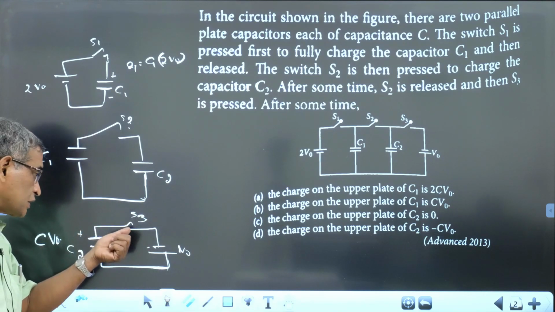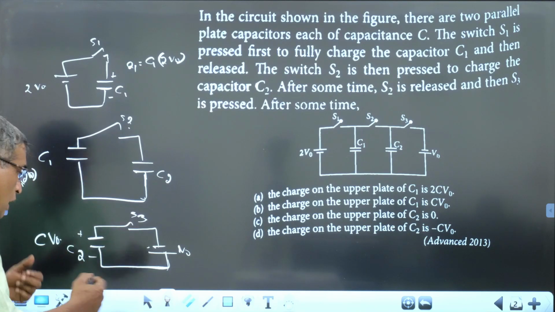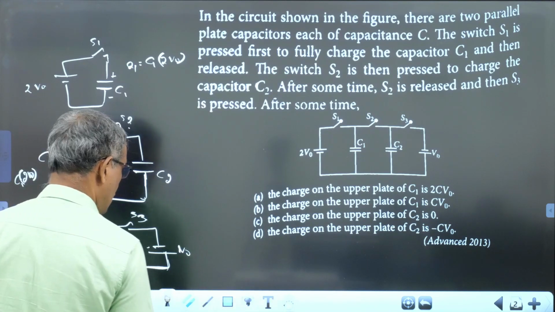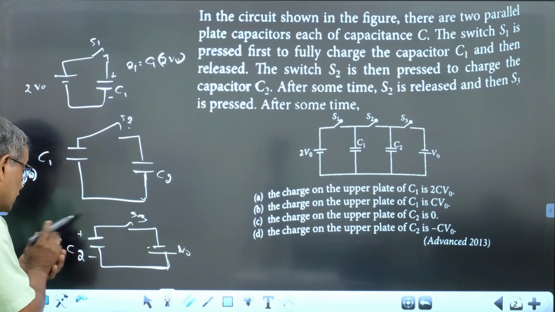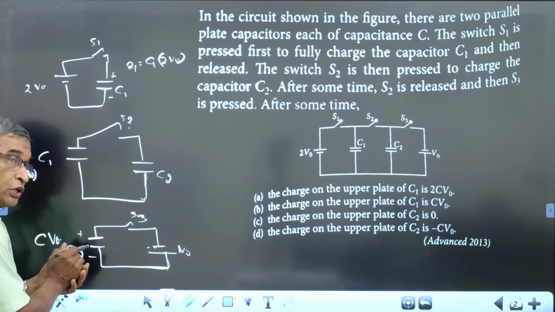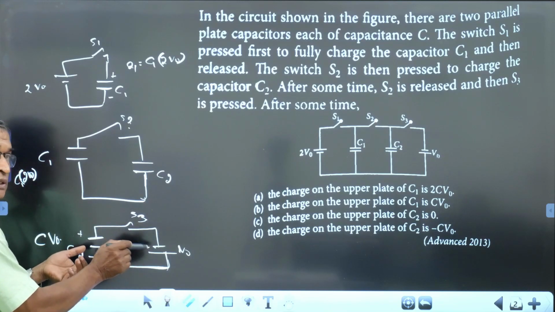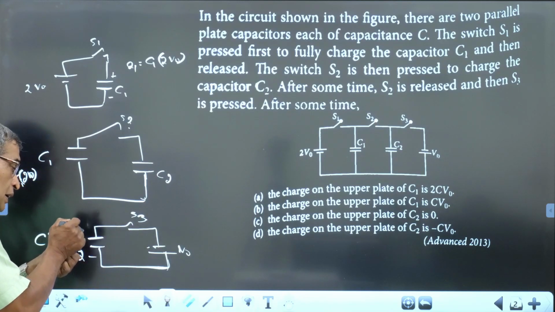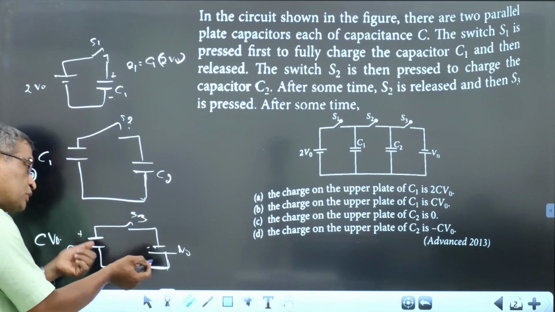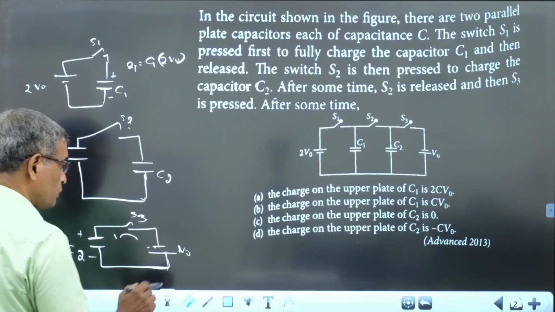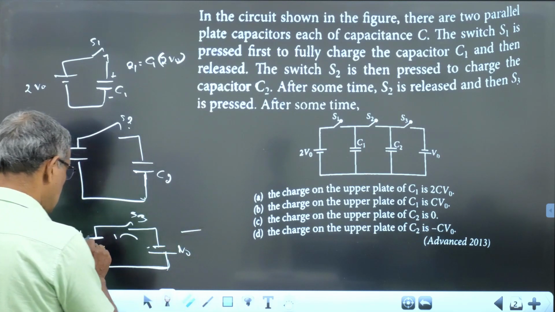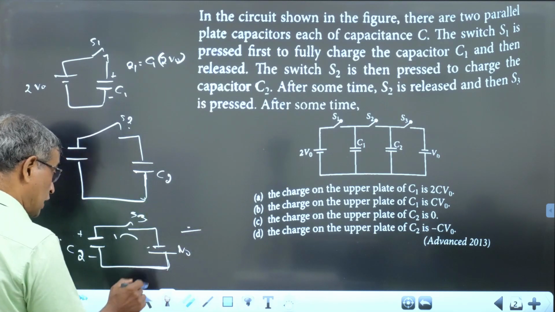So when S3 is pressed, what is going to happen after some time? Whatever charge is stored here, CV0 with positive and negative polarity, is annulled by this source, and this capacitor now charges the other way.